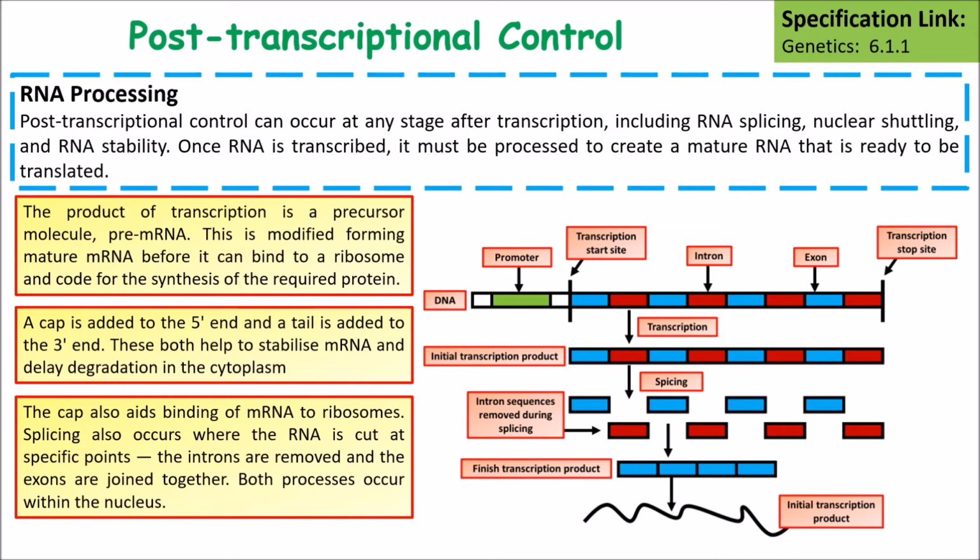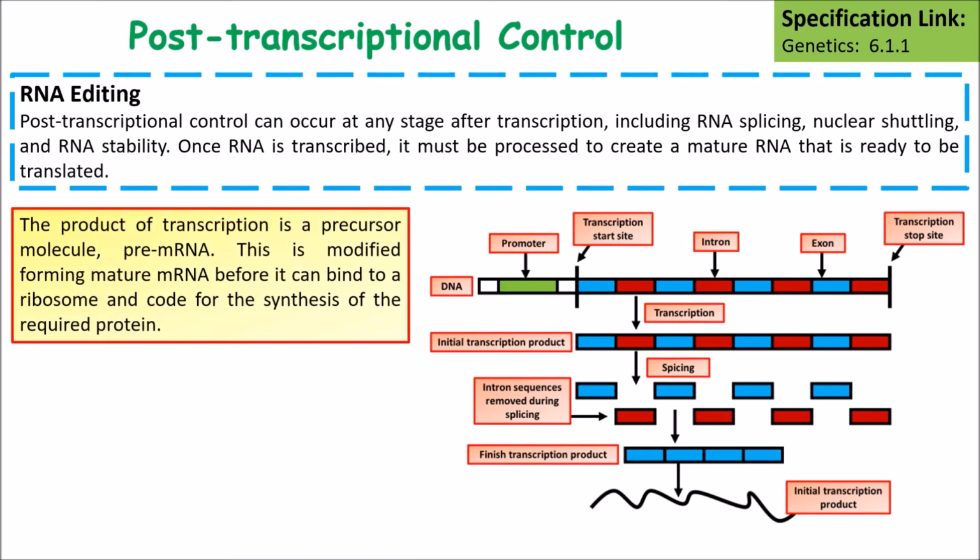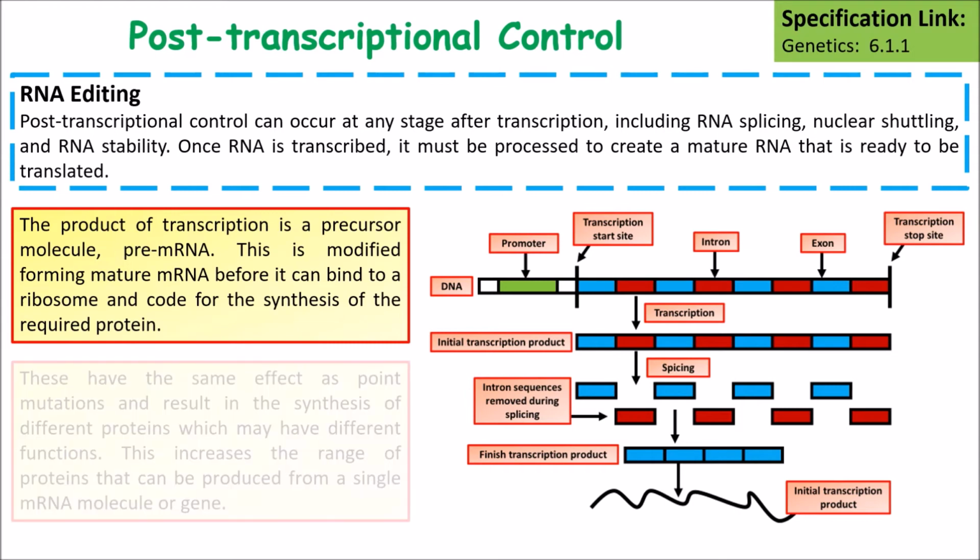Splicing also occurs, where RNA is cut at specific points, so the introns are removed and the exons are joined together. Both processes occur within the nucleus. Like we previously said, the product of transcription is a precursor molecule, which is modified, forming mature messenger RNA that can bind to a ribosome and code for the synthesis of a required protein.